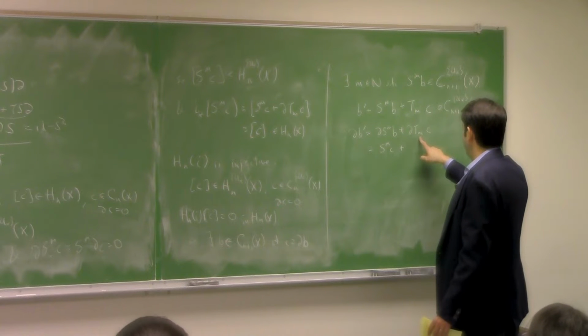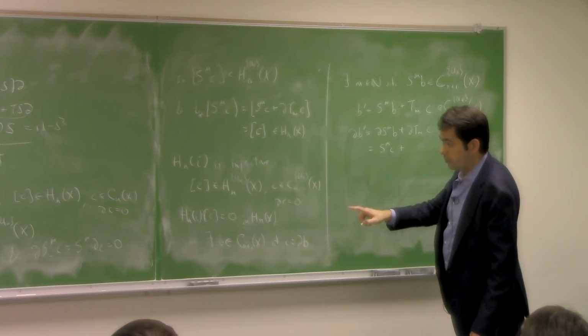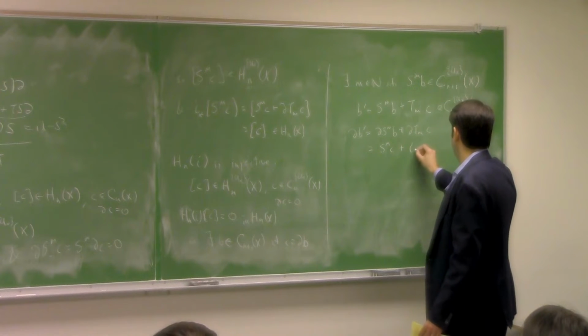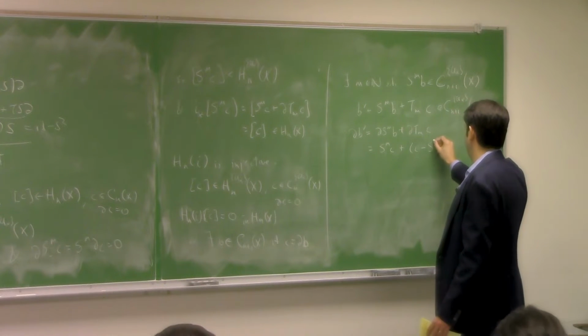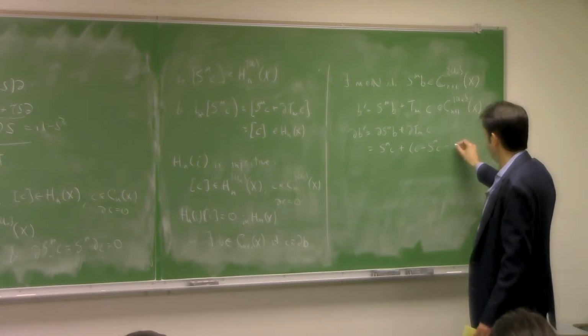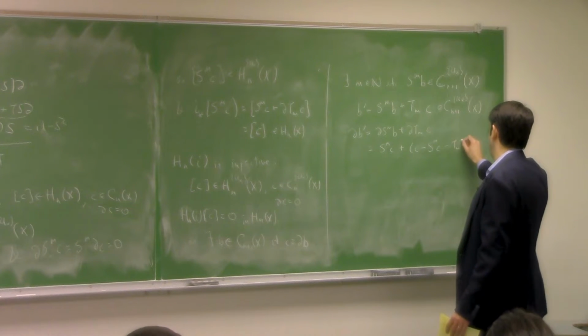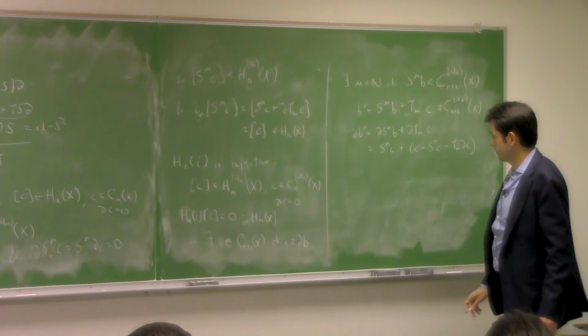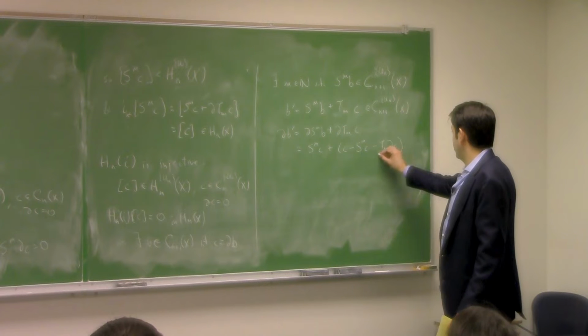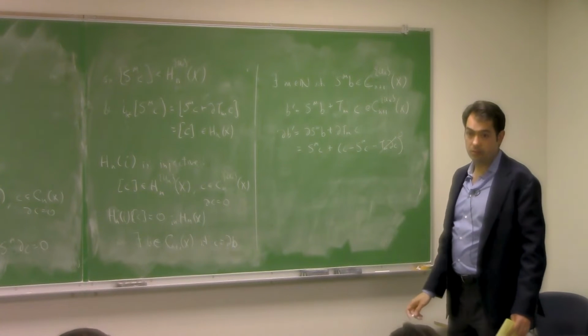And then boundary T_m of C, well, boundary T_m is equal to C minus S^m C plus or minus T_m boundary C. Right? But boundary of C is 0, because C is a cycle.